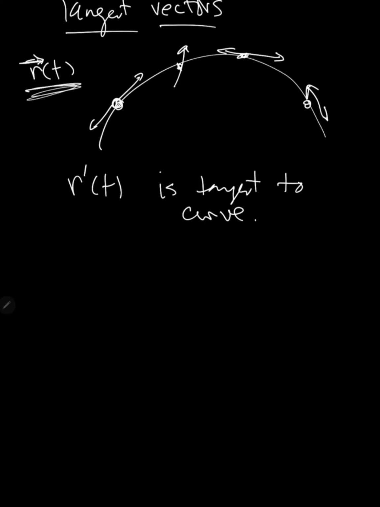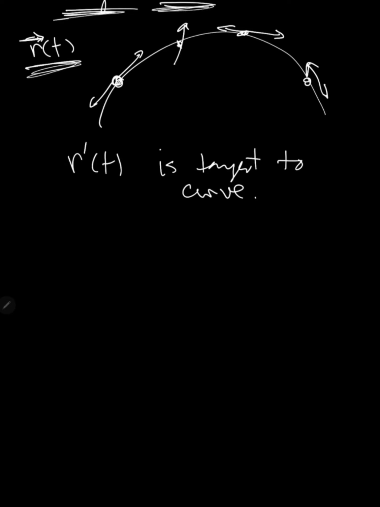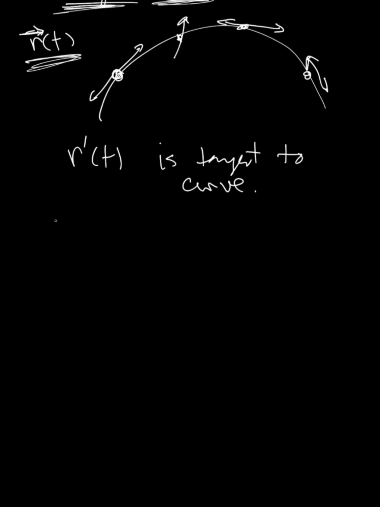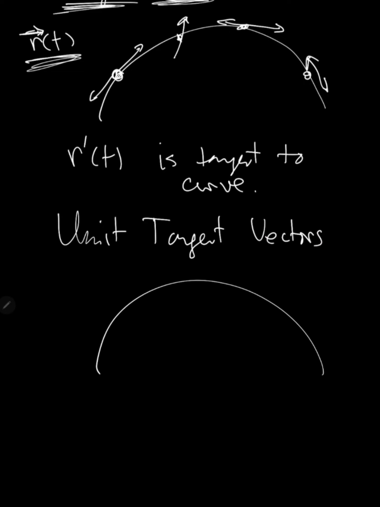So this is just a mathematical version of what we talked about in terms of position and speed. That's not that interesting or new, but what about unit tangent vectors? Oftentimes we're going to have a curve, and we're going to want tangent vectors, but not tangent vectors of crazy lengths.